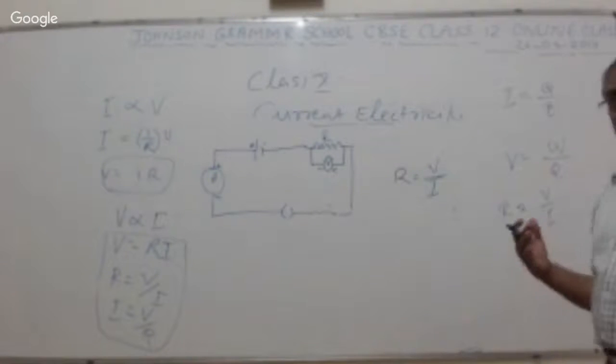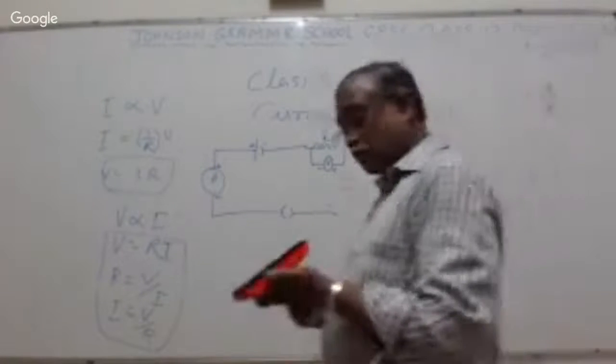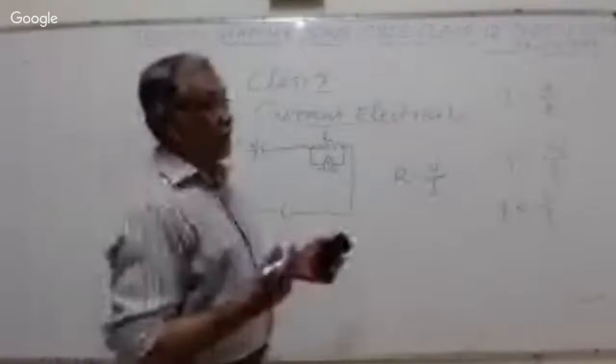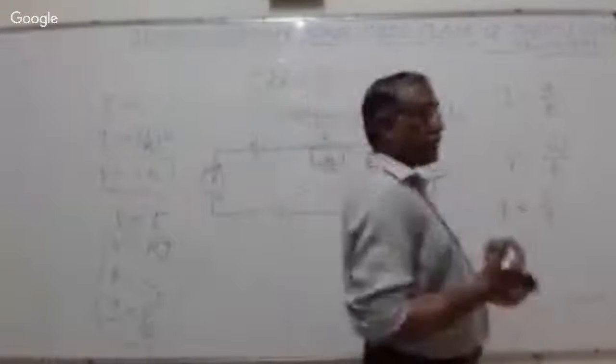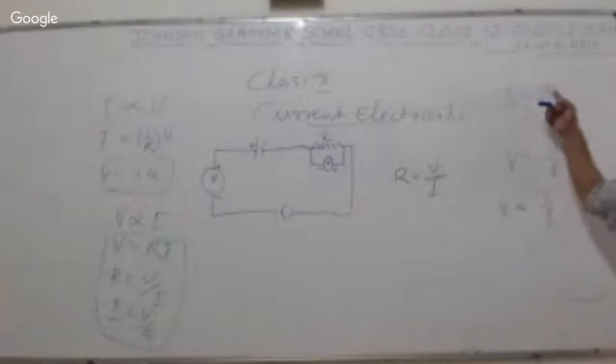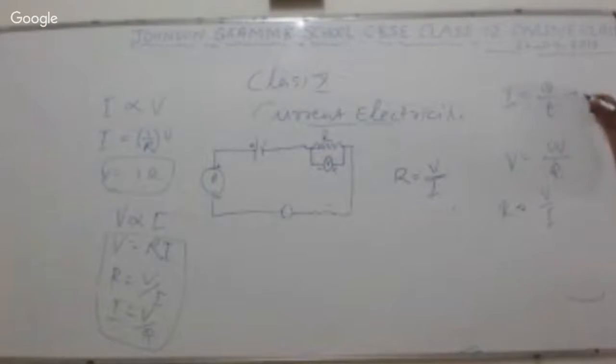So current is such a strong thing flowing through a conductor. How do you understand what current is? How much current is passing through a conductor? You have seen that Q by T is current, and current is measured in ampere. Suppose somebody asks you, how much is 1 ampere of current?